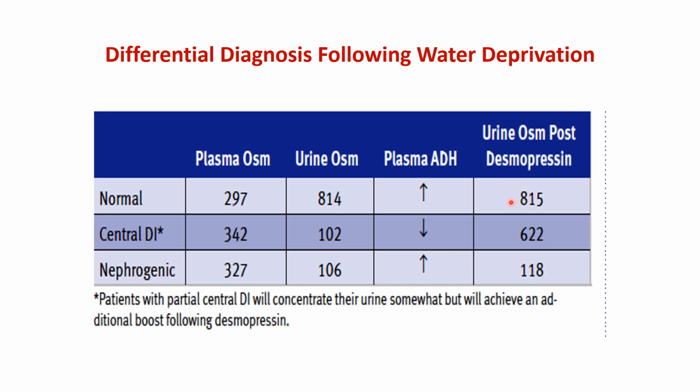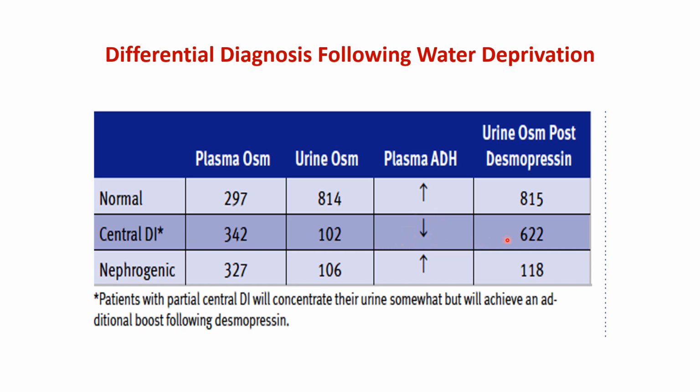Now, if you take a patient with central diabetes insipidus, due to dehydration and the loss of water and the polyuria and the excretion of large amounts of diluted urine, you can see the plasma osmolarity is high. However, the urine osmolarity is low. And if you measure the amount of ADH, it's going to be low, even though the patient is under fluid restriction.